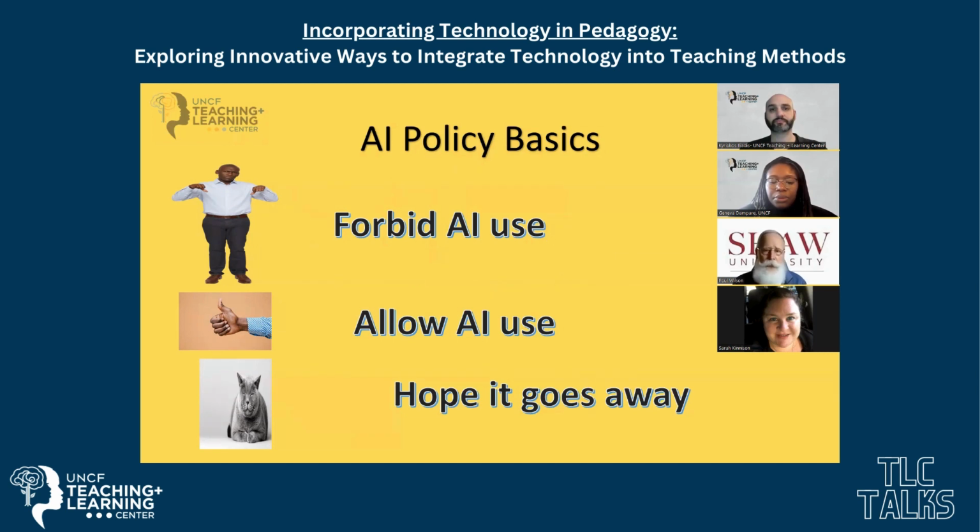There's allowing AI use. And then there is this vague hope it goes away. Really? I don't think so. We're going to have to think of what these policies are as we go forward.